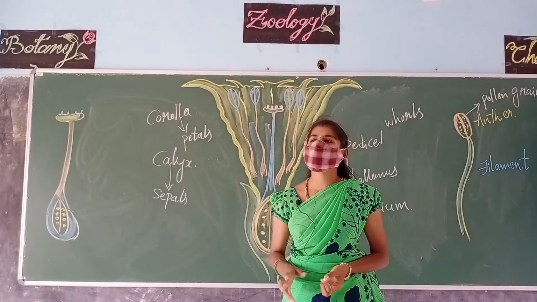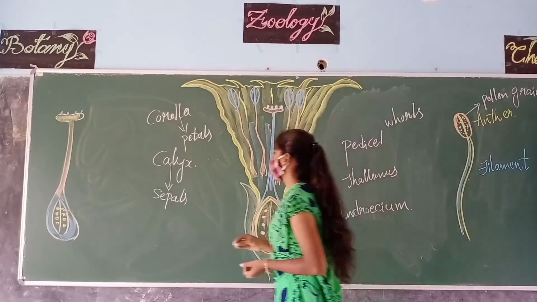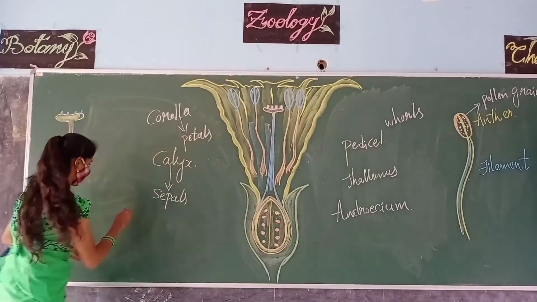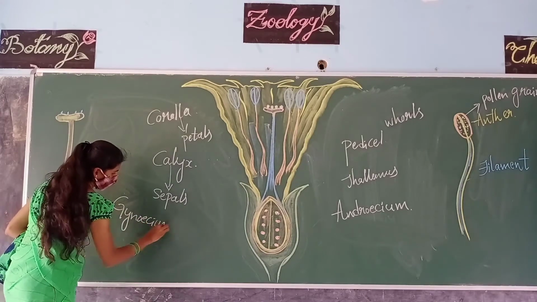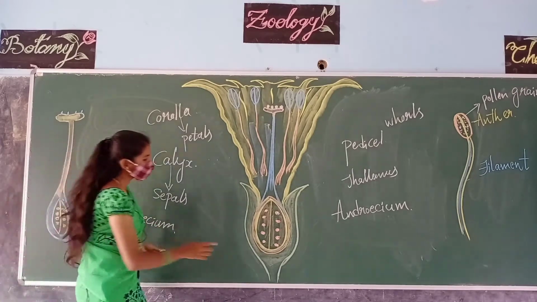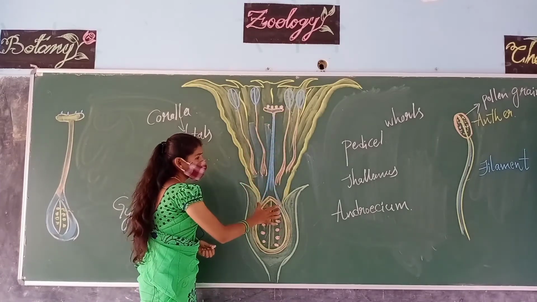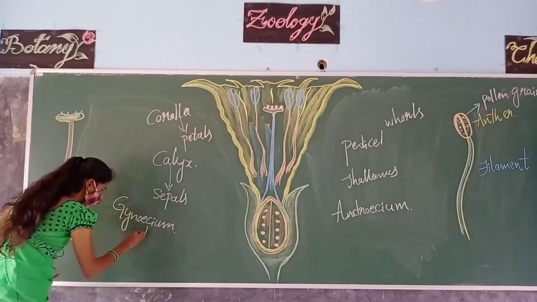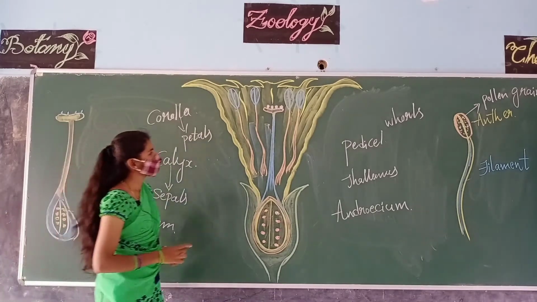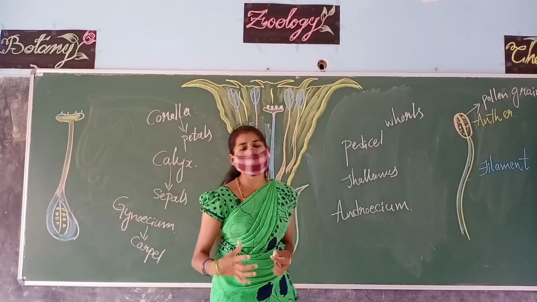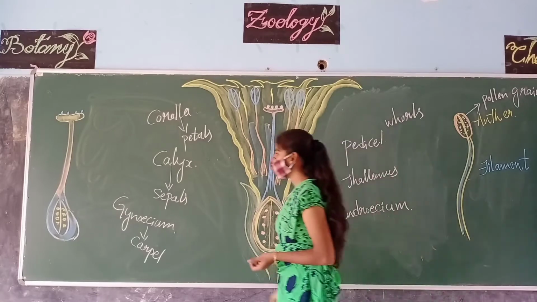That female reproductive organ of a flower is also called gynoecium. You could see here the central one. This part is a gynoecium. This is also called carpel. Let us see now what are the different parts of this gynoecium or carpel.